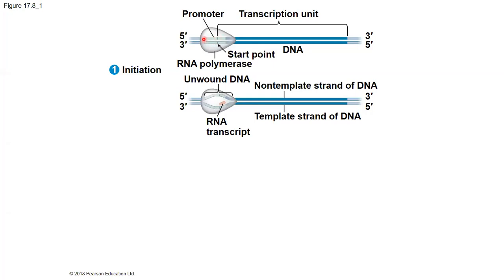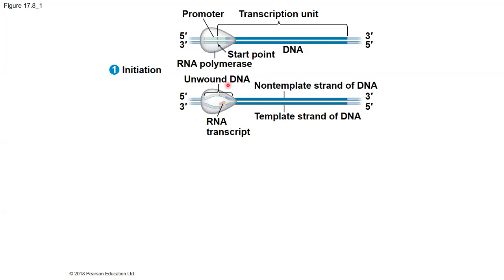And once the RNA polymerase binds, it will start transcription at a place called the start point. And then the RNA polymerase at the start point will unwind the DNA. So the RNA polymerase has a helicase activity.